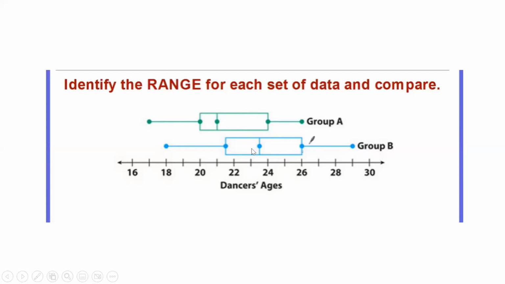Good. Now there will be another scenario where this box is very, very small. Assuming that this group B is very, very small, what are you going to say? Assuming I block out from here to here and you have only this small box, how will you describe that when the 50% is very, very small? You will say there is less variability.